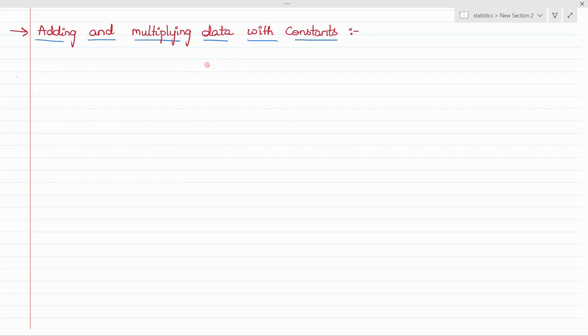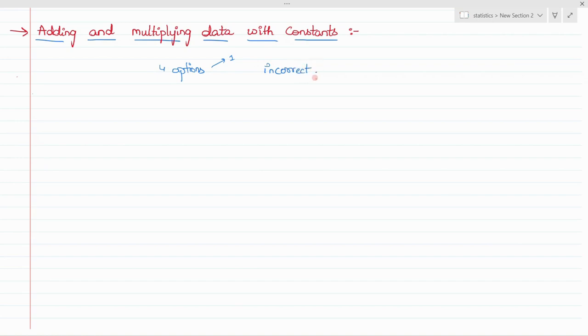For example, in any competitive exam, for one question, there will be four options, right? In this, one option will be correct. But for example, there is a printing error, so all the four options are incorrect.